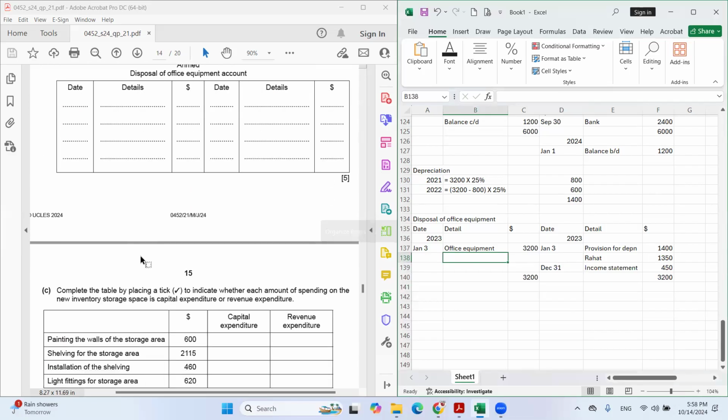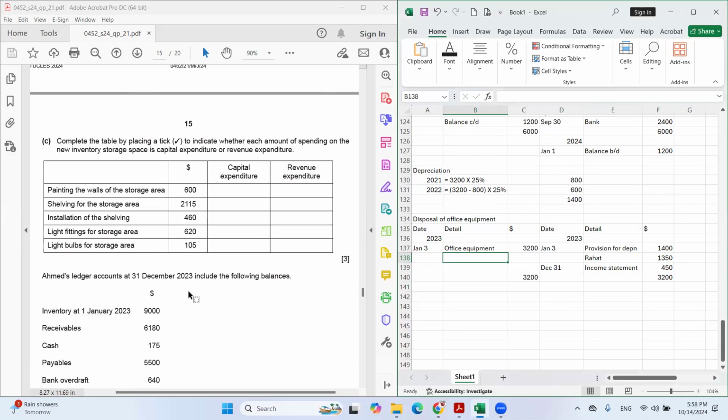Okay, now next is to complete the table by placing a tick to indicate whether each amount of spending on the new inventory storage area is a capital or revenue expenditure. Capital is something that you buy for one time. You incur it for one time, not recurring.